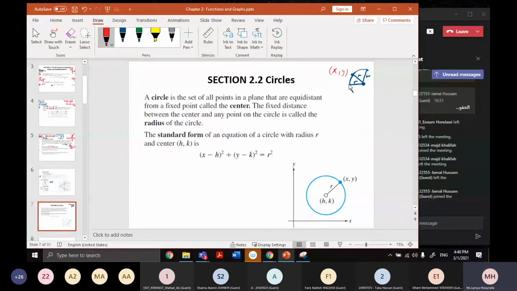Always for any arbitrary point, this one or this one or this one, it has a constant distance from this point. This point we can give the coordinates, for example h, k. It doesn't matter, call it h, k, or m, n, whatever.